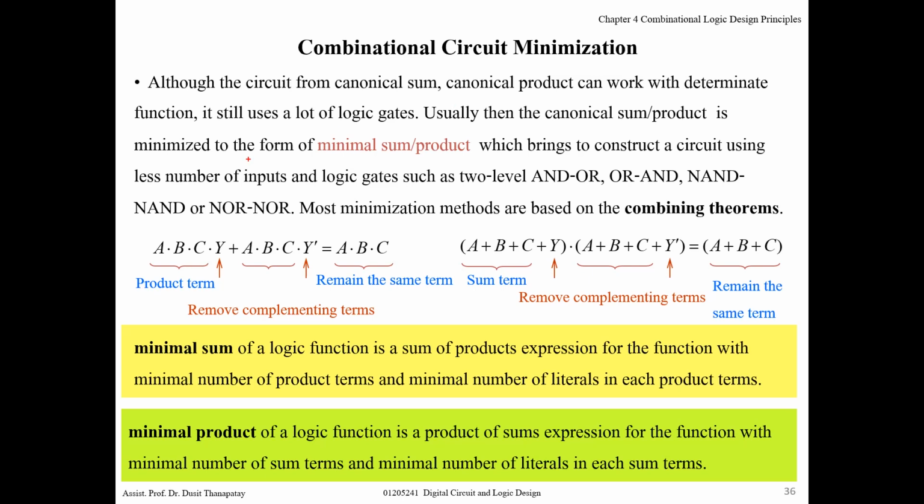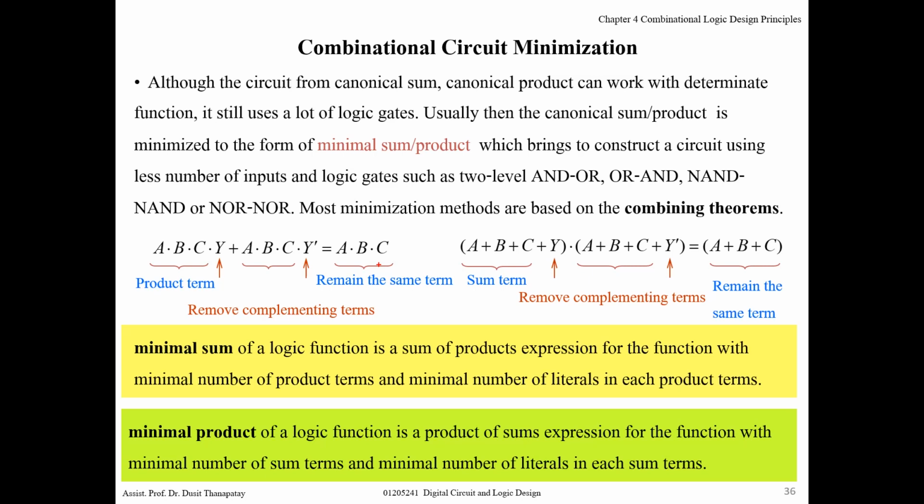For example, if your function is a and b and c and y plus a and b and c and y prime, if you use the combining theorem, you can reduce this expression to only a and b and c, right? Based on this theorem, you can reduce the function to minimize the size of the circuit.